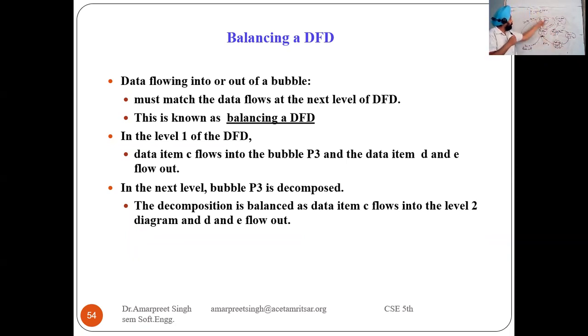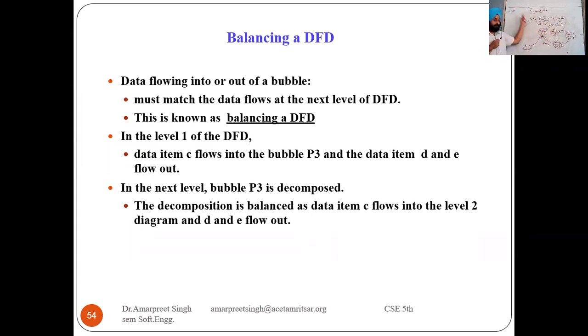So I exploded that bubble so that the number of inputs to the previous bubble and this bubble remain the same. Actually, here it was one main bubble, 0.3. The input to that was this number, so I replaced it with this next level of DFD, and the number of inputs is the same.